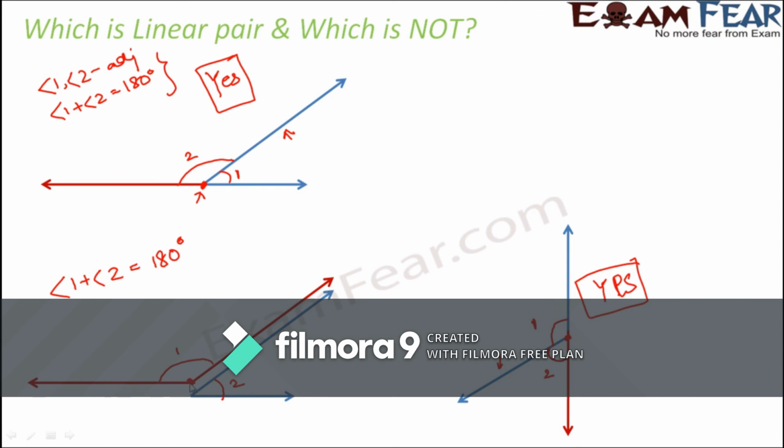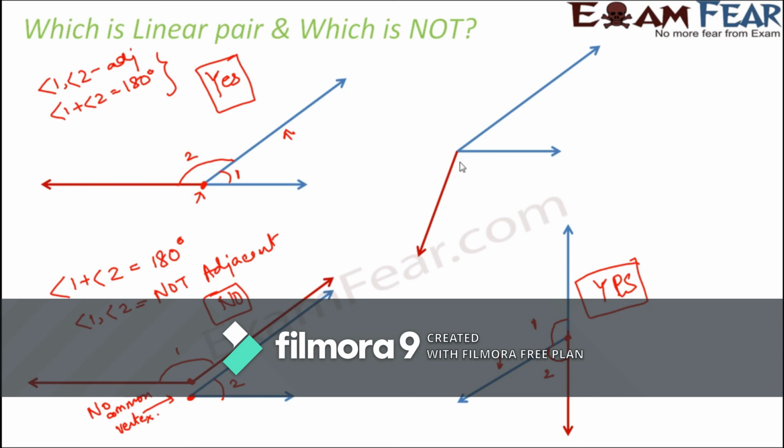No. The vertex for angle 1 is this and the vertex for angle 2 is this. So there is no common vertex. Therefore angle 1 and angle 2 are not adjacent. If they are not adjacent, they cannot be a linear pair either, because in order to become a linear pair, they must be adjacent and they should also be supplementary.